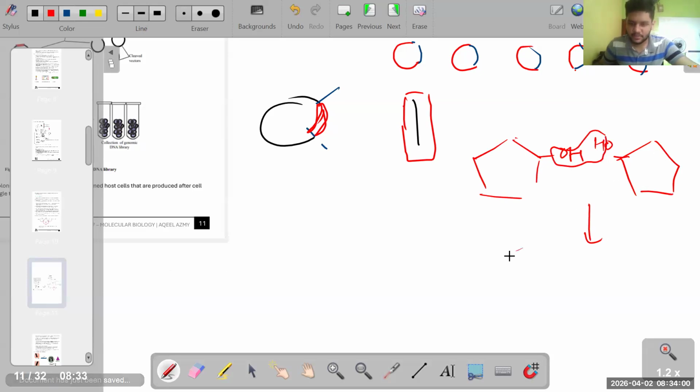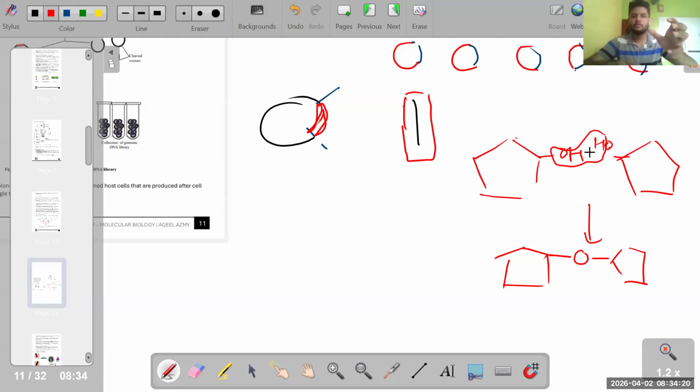Now can you see, I just have to remind you of this. What are the bonds we have learned so far? After removing this, the remaining oxygen will be bound like this. Now this oxygen and this structure are joined by the bond called the glycosidic bond.